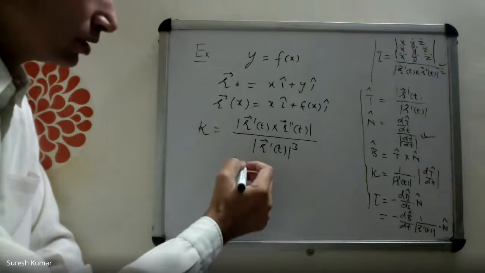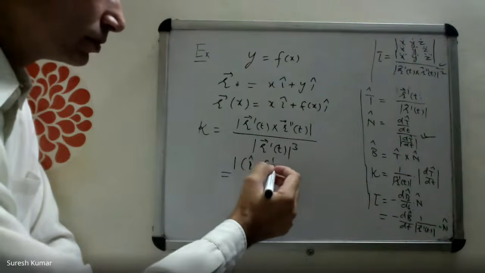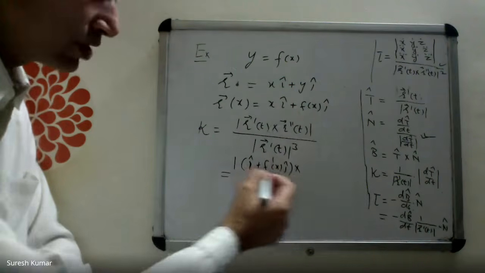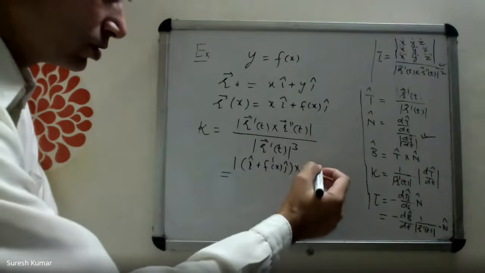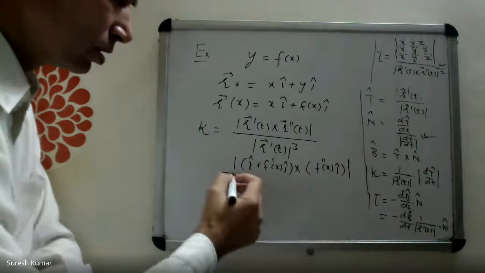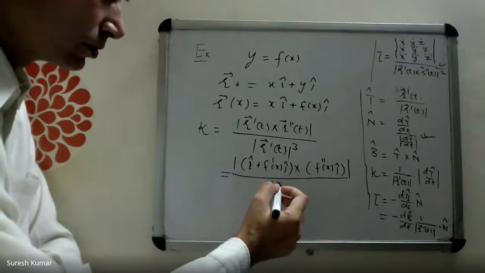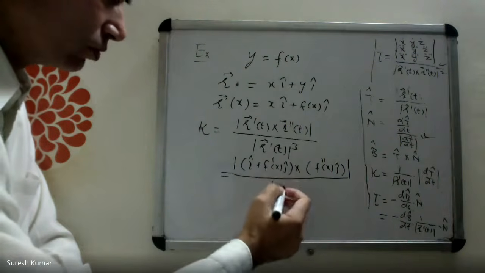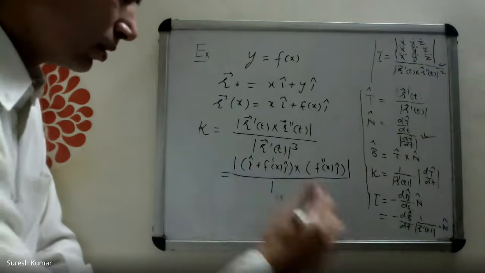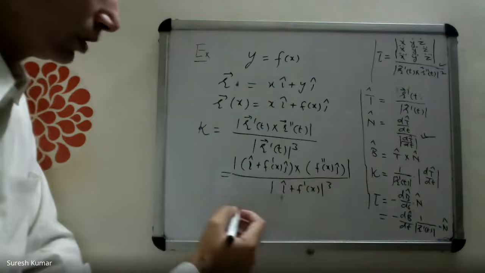What is r prime t? 1 i cap plus f prime x j cap, cross r double prime t, which means further derivative with respect to x. So you get f double prime x j cap. Before taking the magnitude, find the cross product. And denominator is of course 1 i cap plus f prime x j cap, power 3.